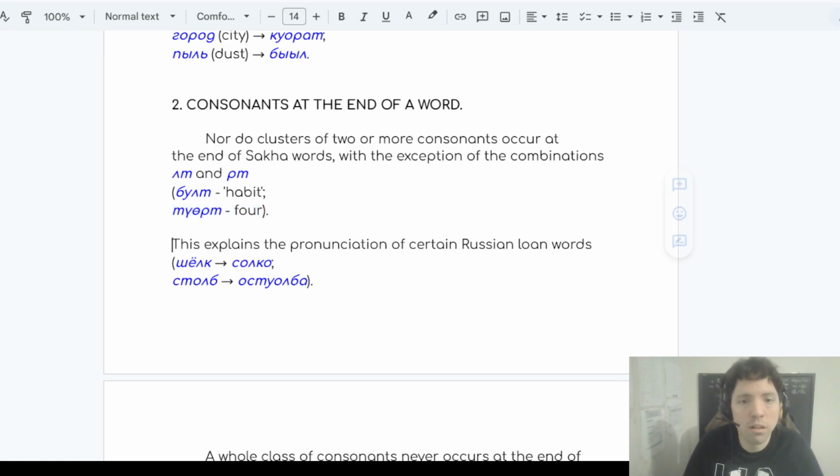This explains the pronunciation of certain Russian loanwords, such as shulk becoming solka. Speaking three languages in the same sentence is throwing me off. All right, but yeah, shulk becomes solka. And then stolp becomes ostwalpa.